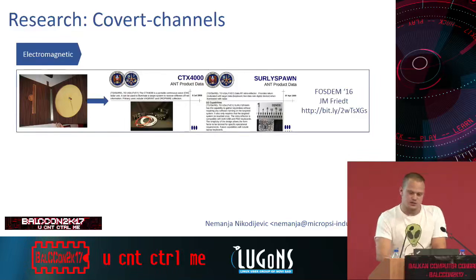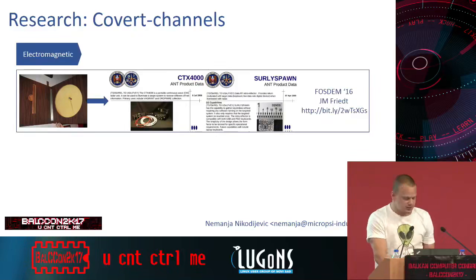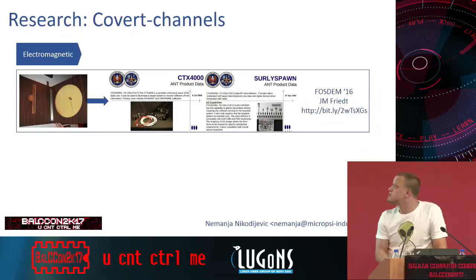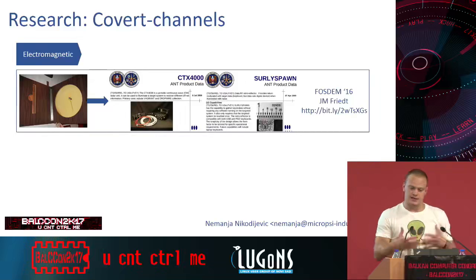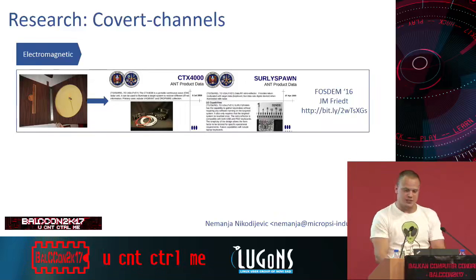And there is a very nice talk at FOSDEM 2016 by Jean-Michel Fried. You can look it up on this link, where he actually made a proof of concept for this kind of system and showed how easy it is for other people to make it.